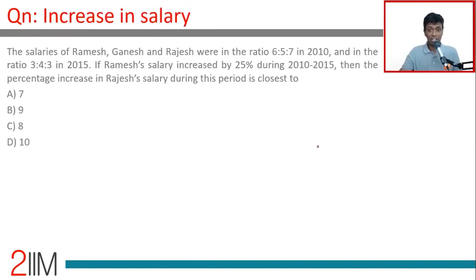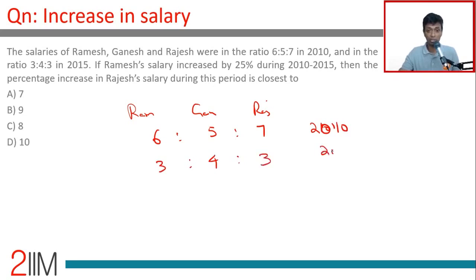The salaries of Ramesh, Ganesh and Rajesh were in the ratio 6:5:7 in 2010, and in the ratio 3:4:3 in 2015.